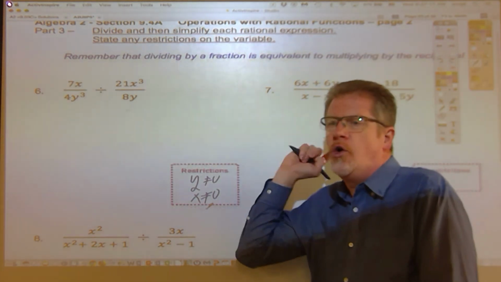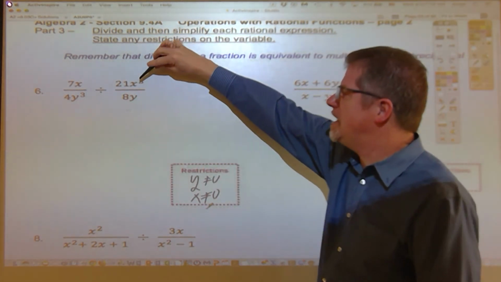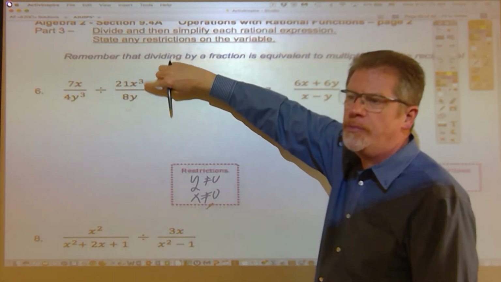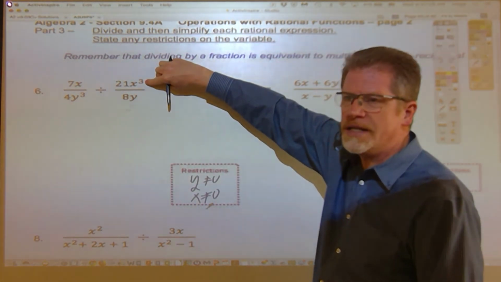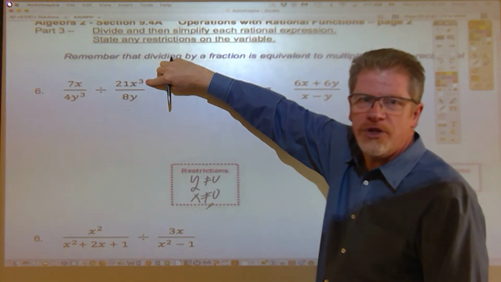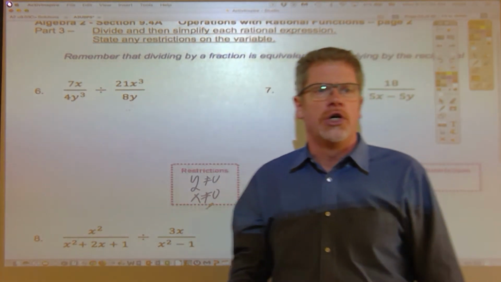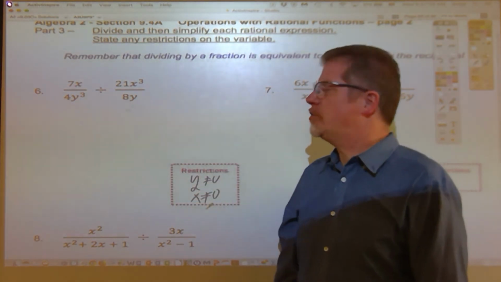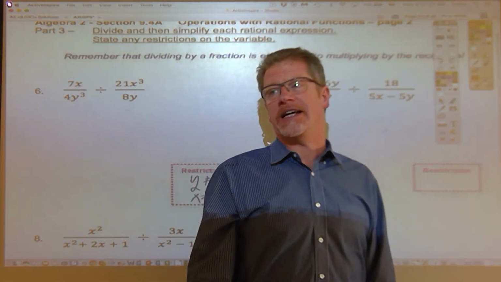I mean, come on, what's the big deal? Can't I let x equal 0? I mean, hey, it's in the numerator. Aren't I allowed to have numerators equal 0? Who can make the argument for me? Why can x not equal 0 on problem 6?